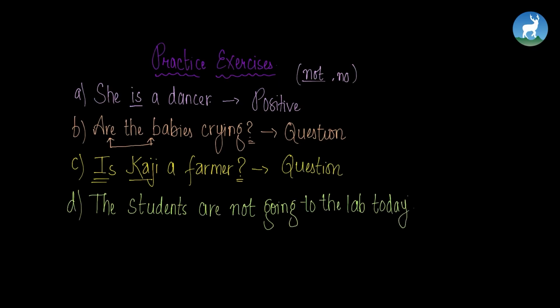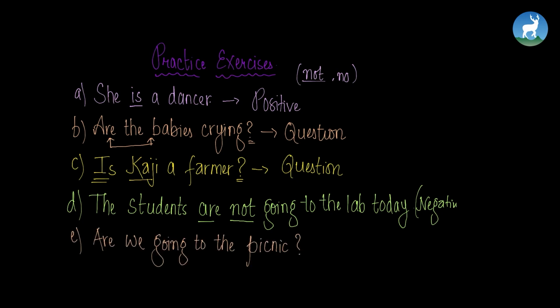The students are not going to the lab today. Here we have a negative word not right after are. So this is a negative sentence for the present simple state of being. One more. Are we going to the picnic? What is the subject here? We have a subject pronoun.